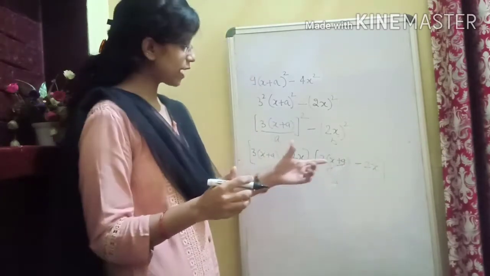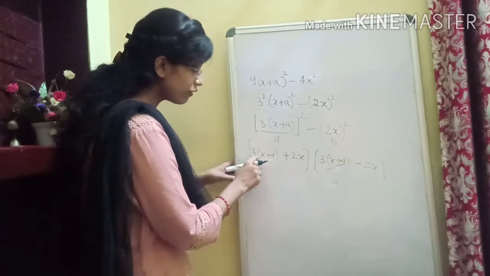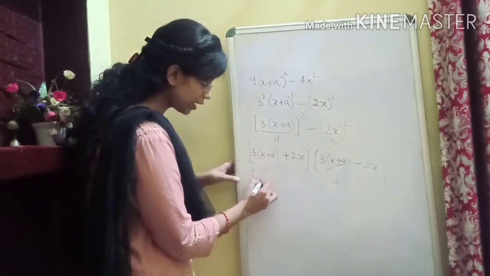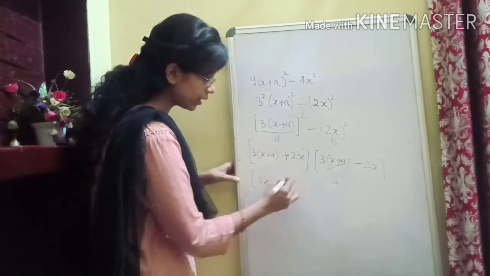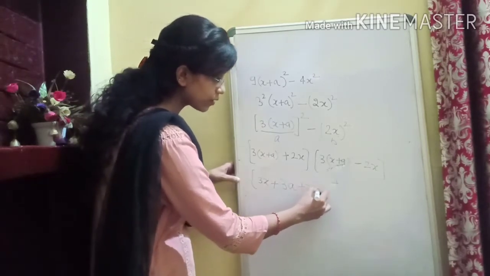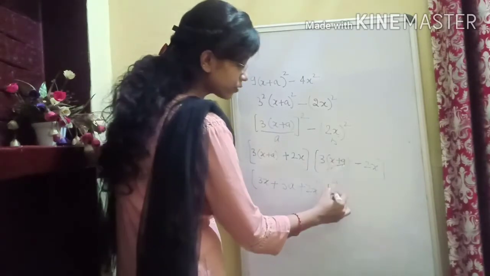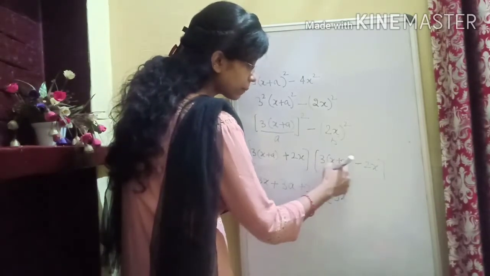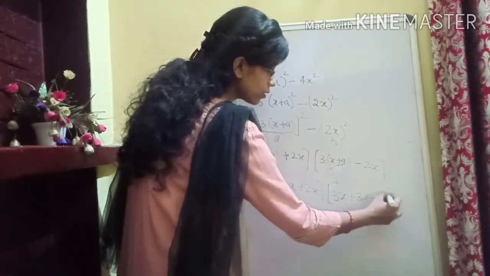Now that we have applied the identity, let us simplify it. When we open the bracket, this will be 3x plus 3a plus 2x. And this term will be 3x plus 3a minus 2x.